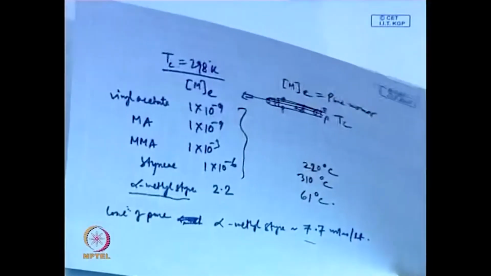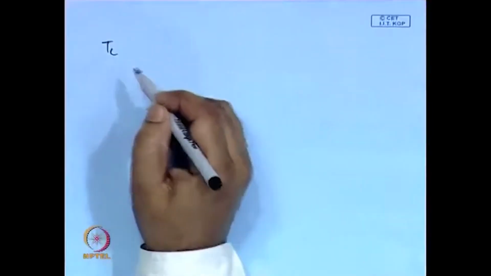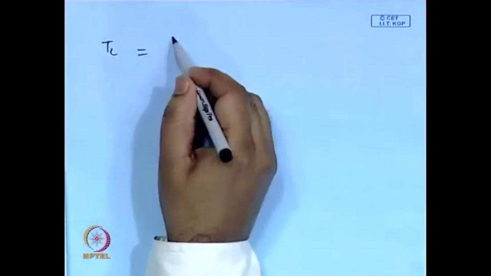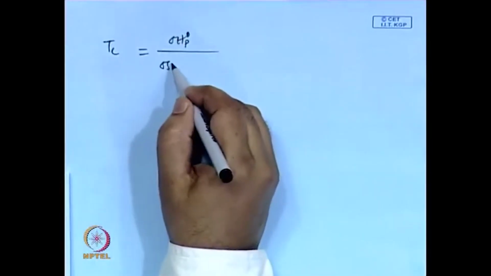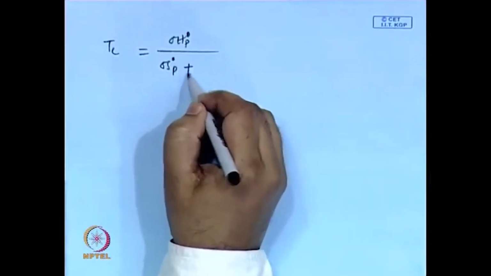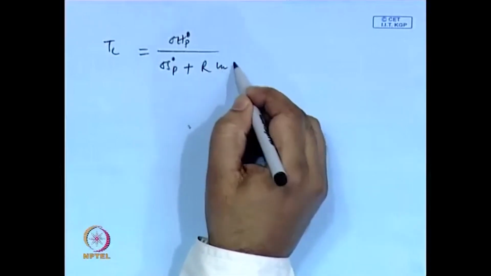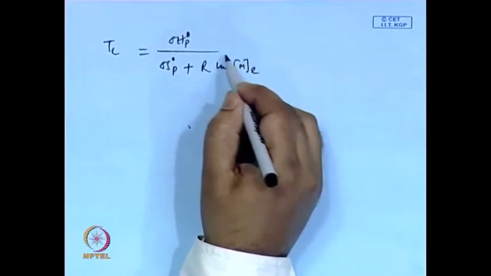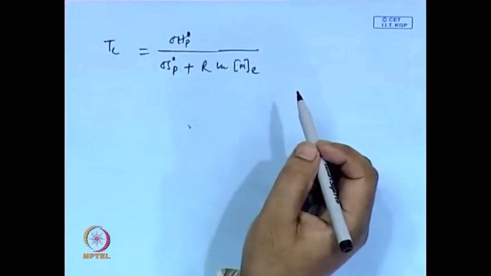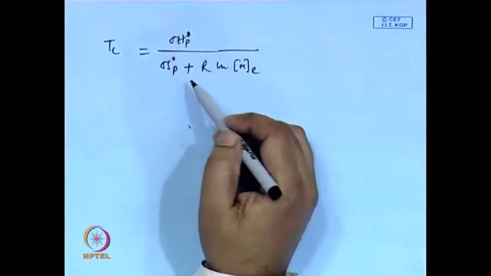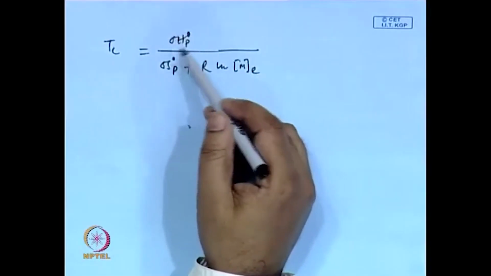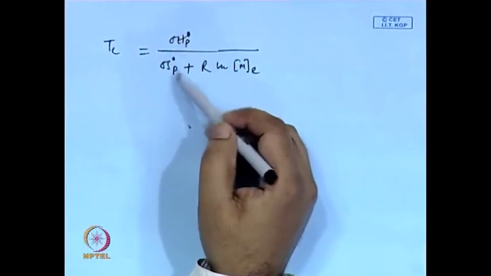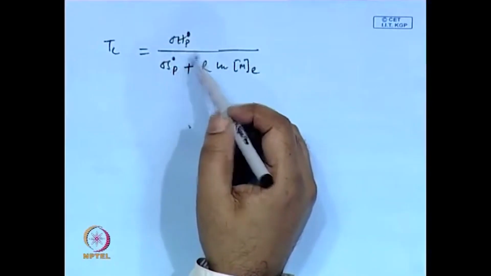Now, how do you get the values of Tc? We know the expression we just talked about, plus R ln Me. How do you get the relation between Tc and Me? If we know the values of delta H P and delta S P. Now, what are the signs of delta H and delta S?